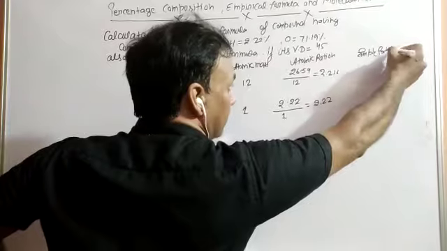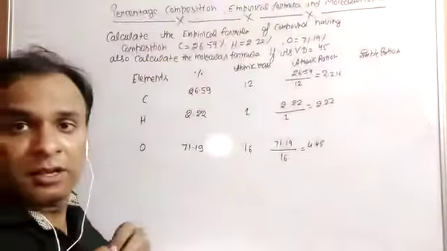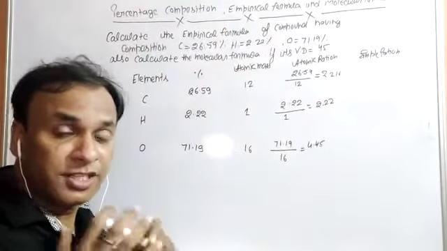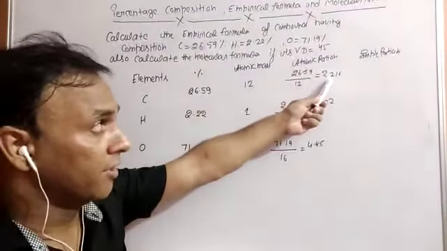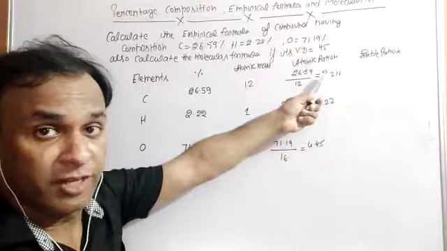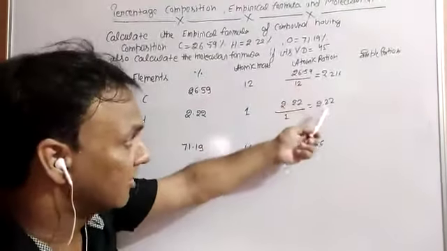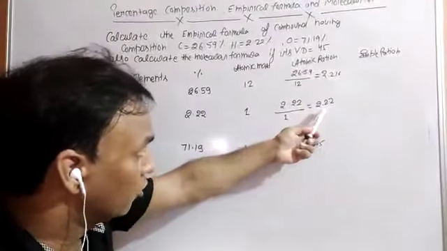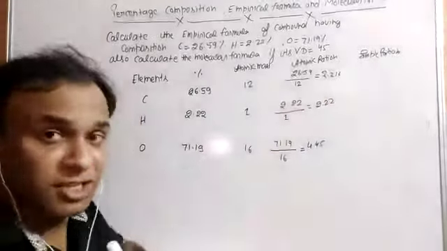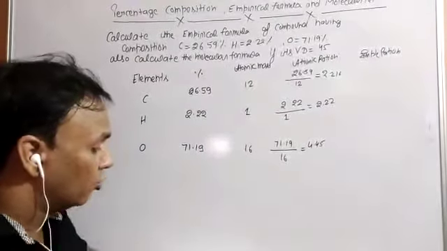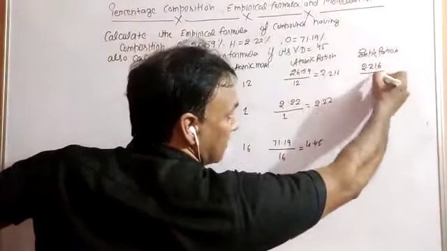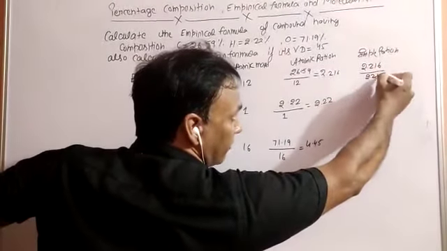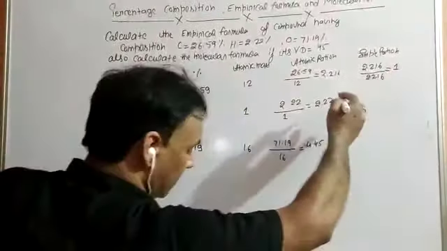Now in the next column, simple ratio. Simple ratio is defined as the ratio of atomic ratio with the least ratio, and the least ratio is 2.216. So each ratio is divided by 2.216. That means 2.216 divided by 2.216 we get 1.